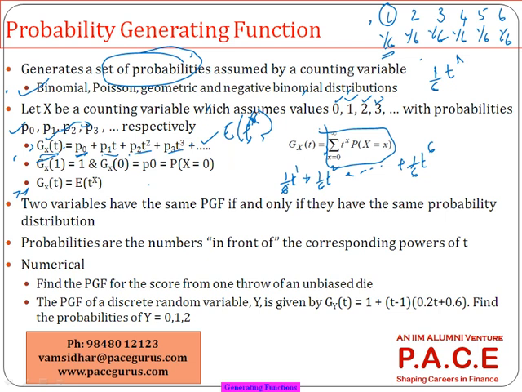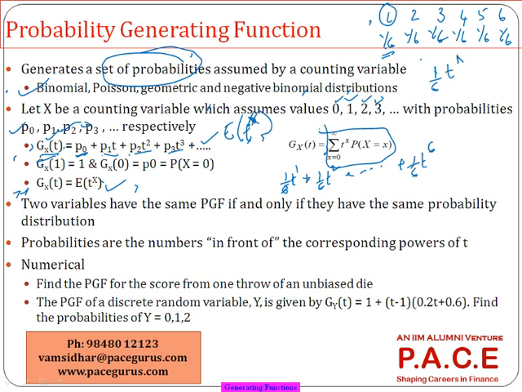Now what is G of 0? You put t equal to 0 in the whole expression, and it is just P0, which is the probability of x taking a value equal to 0. So the generating function in short is the expected value of t power x.